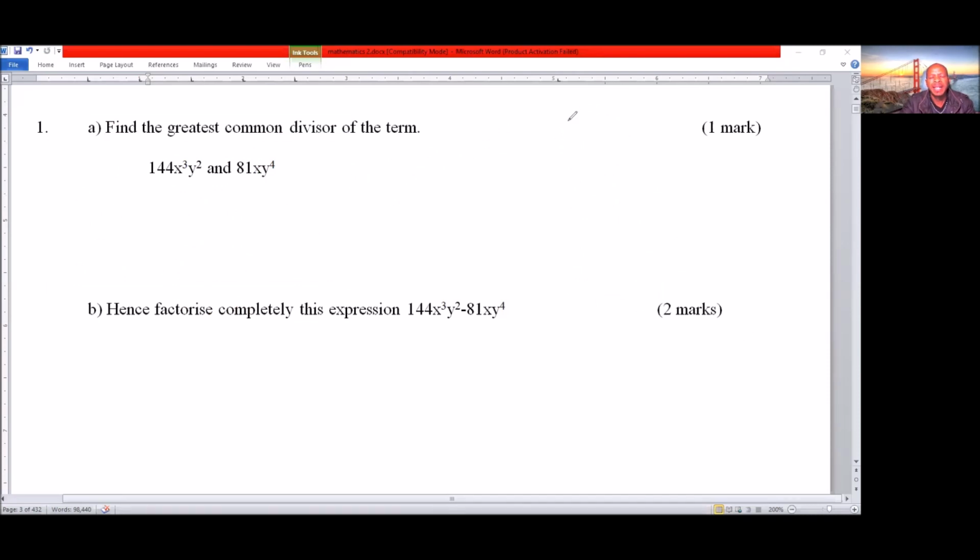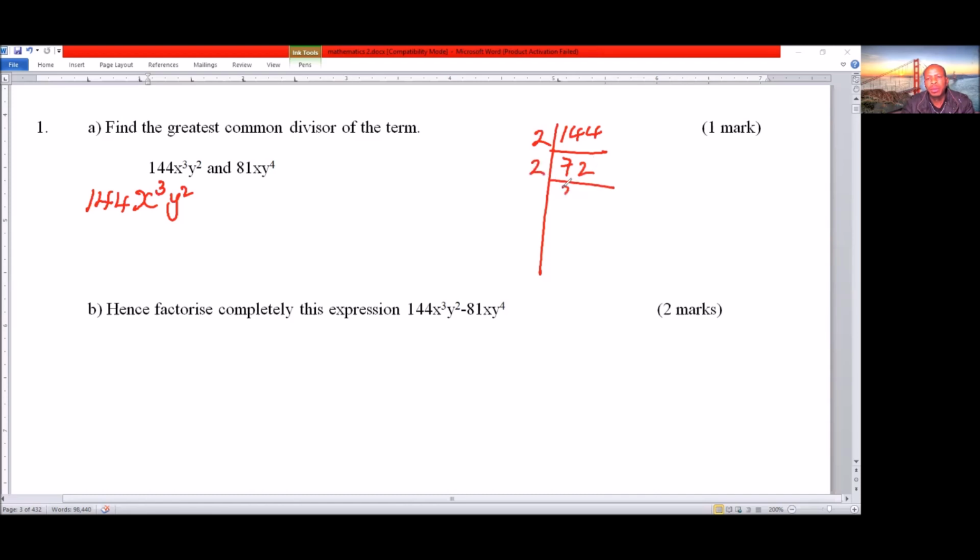We are told to find the least common multiple of the terms 144x cubed y squared and 81xy to power 4. So what we need to do is write 144 in terms of its factors. We divide 144 by 2, you get 72.